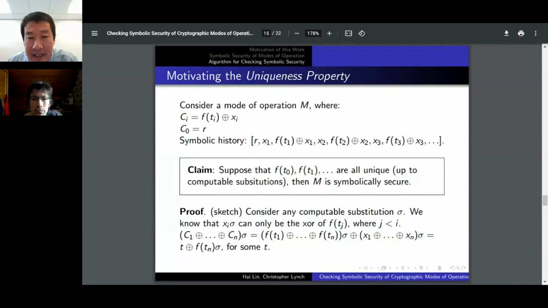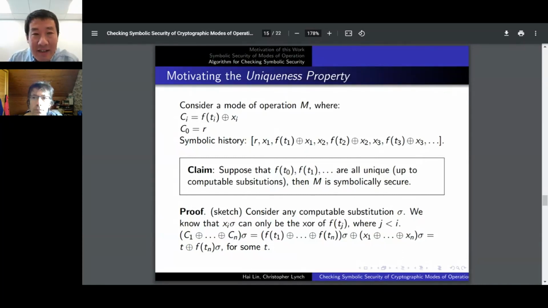But since f of Tn is the last F-rooted term, no variable can make f of Tn go away. Therefore, f of Tn remains in the result of the XOR, so the result cannot be zero, and symbolic security is satisfied. Essentially, the definition of the uniqueness property says all of the F-rooted summands in the symbolic history should be unique up to computable substitutions.